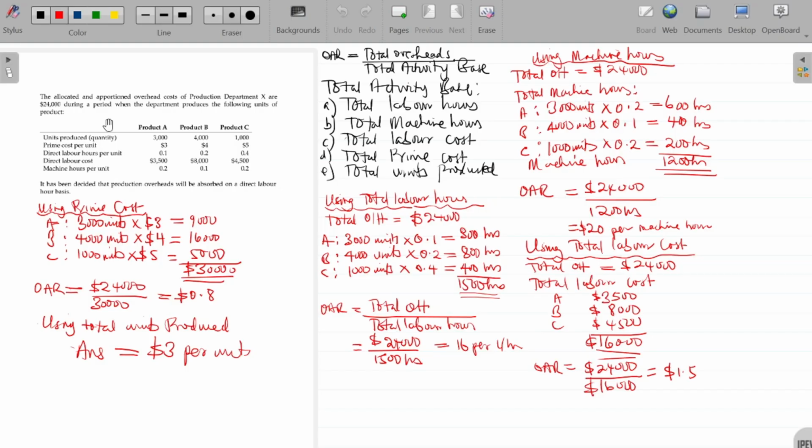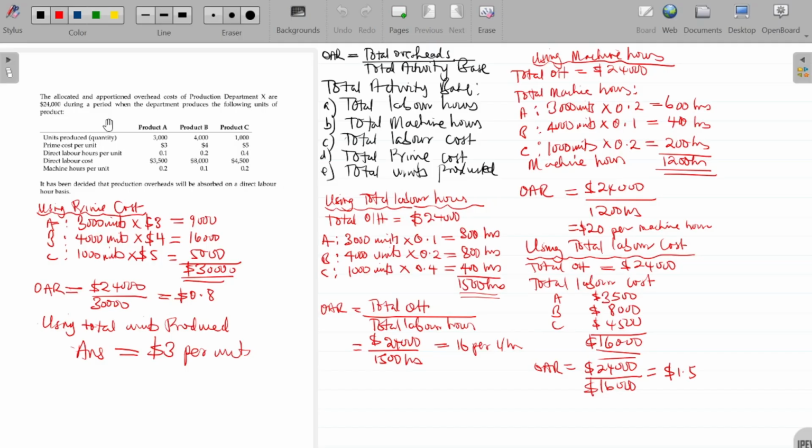So the total machine hours will be 3,000 units by 0.2 hours for A, 4,000 units by 0.1 for B, and 1,000 units times 0.2 for C. The total will be 600 plus 400 plus 200, giving us 1,200 machine hours. The overhead absorption rate is going to be 24,000 divided by 1,200 hours, giving us $20 per machine hour.